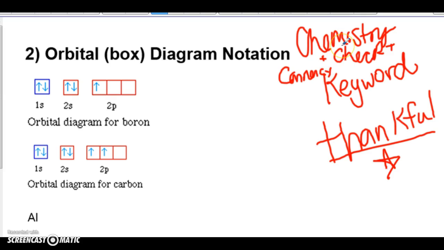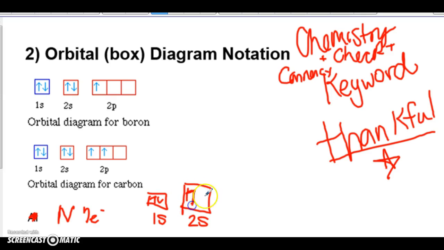So, orbital box diagram. Let's not do aluminum. Let's do nitrogen. Nitrogen has 7 electrons. So we will start with 1s. We draw our box, electrons. 2s, draw our box, electrons.